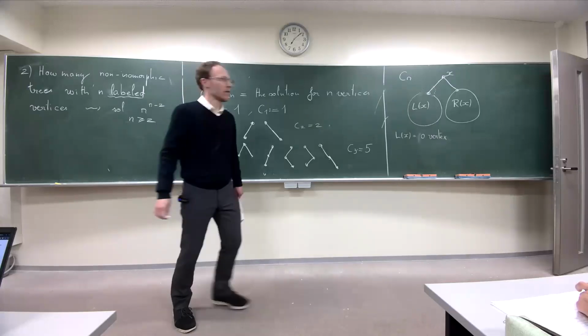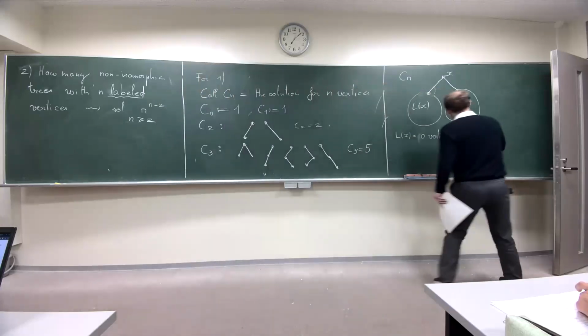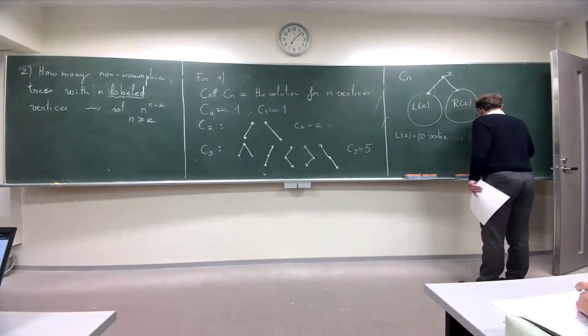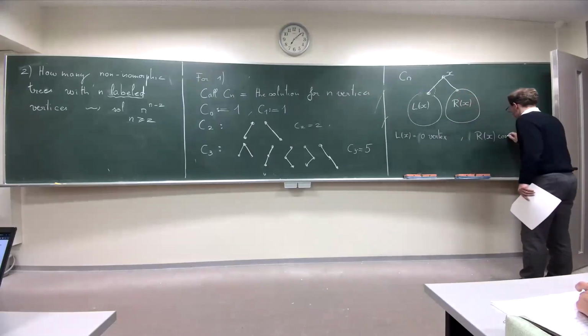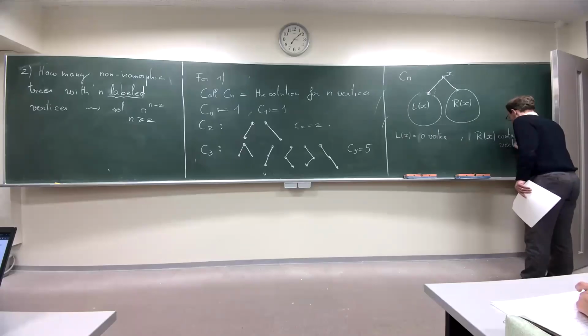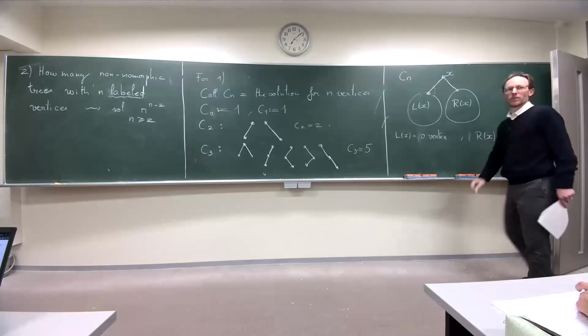Then R of x contains n minus 1 vertices, because 1 is used for the root.